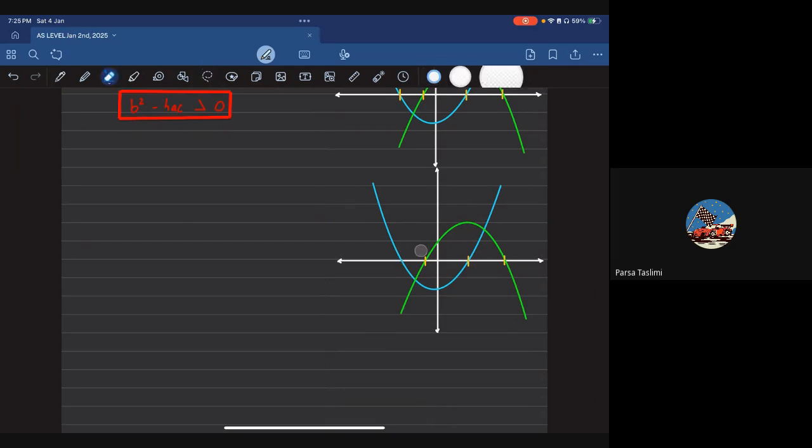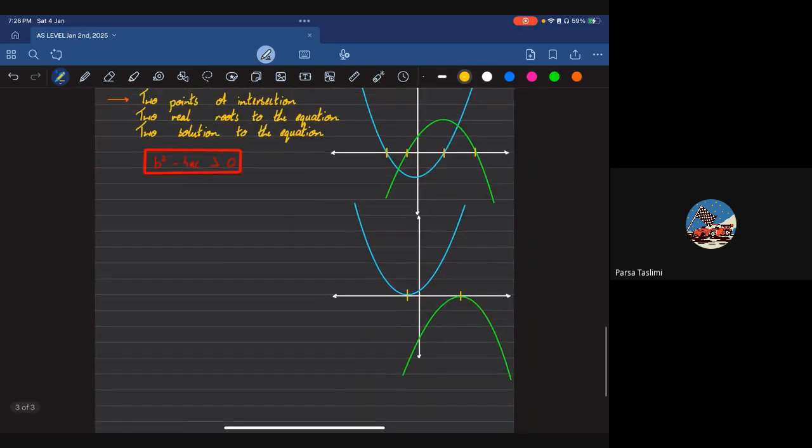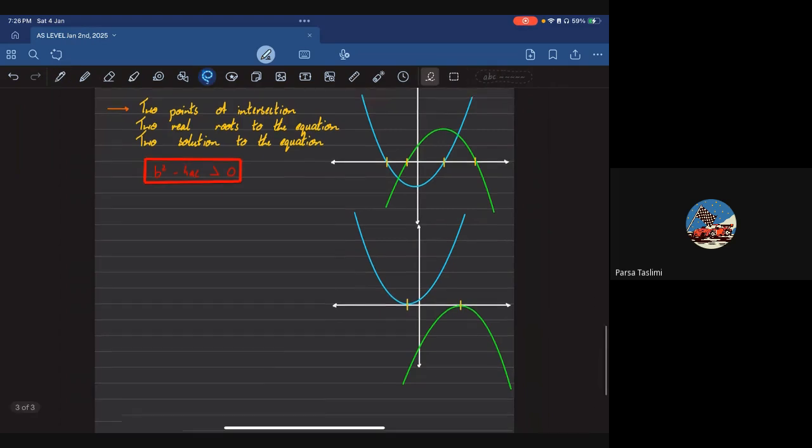If it has only one point of intersection, then the discriminant would be 0, and there would only be one x-intercept. You can clearly see that both of the curves are touching the x-axis at just one point.